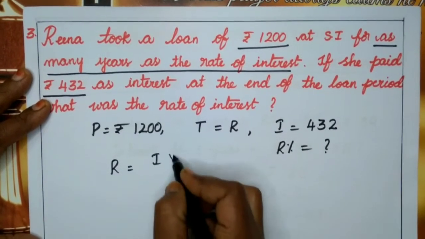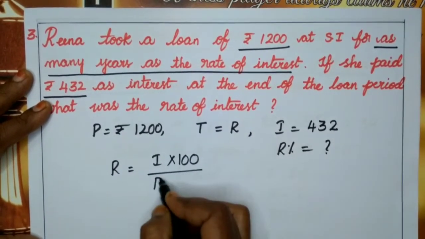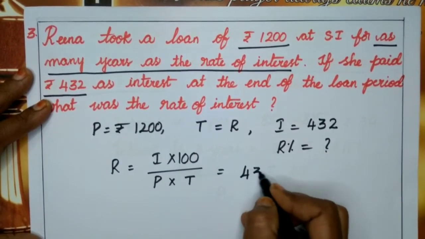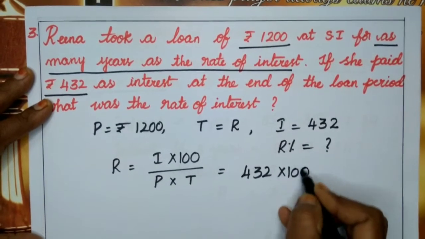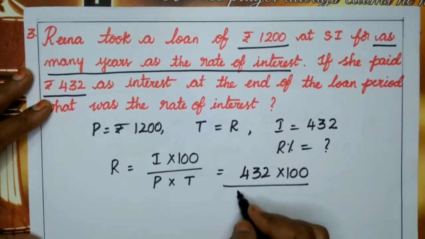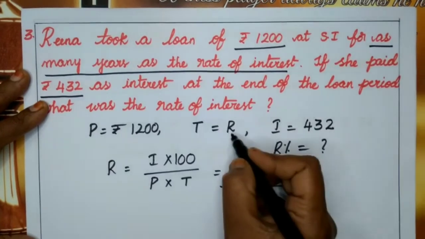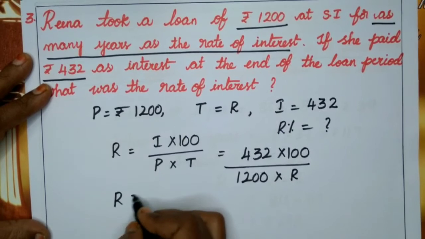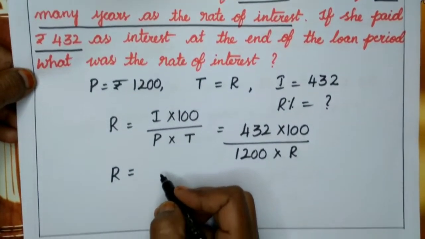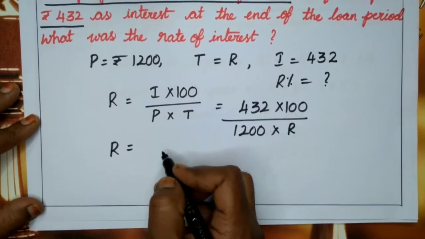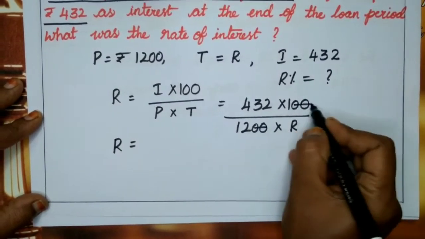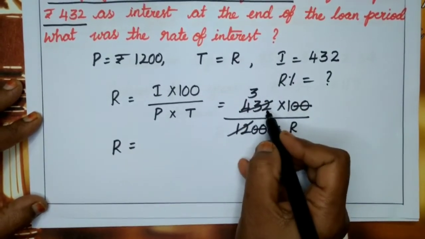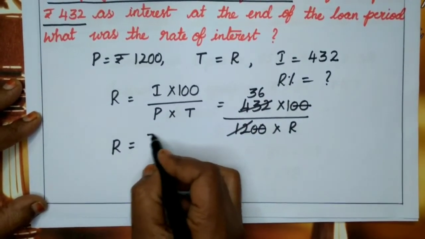R is equal to I into 100 by P into T. I value is 432 into 100 by P into T. P is 1200. T and R are both the same, so I am just writing R here. So R is equal to, these two zeros cancel, and 12 table here, 12 3s are 36, 72 means 12 6s. So we got here 36 by R.